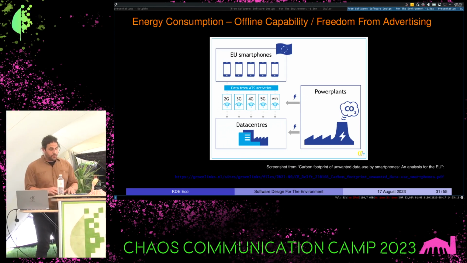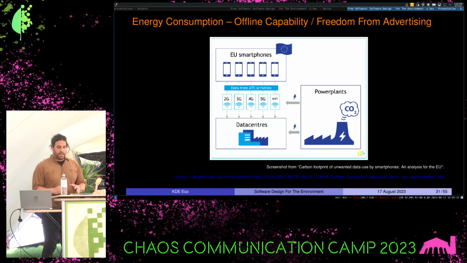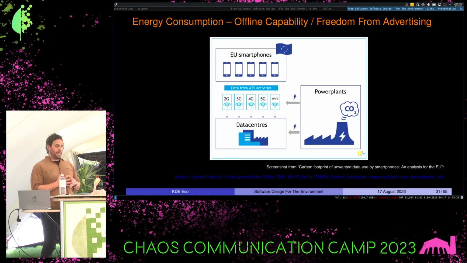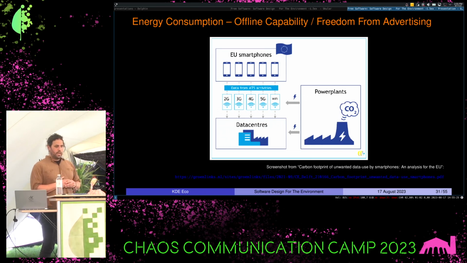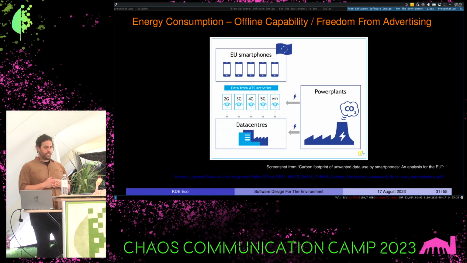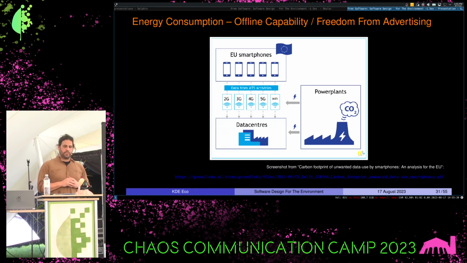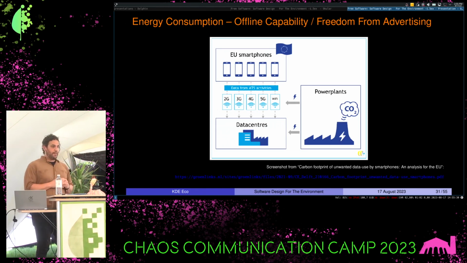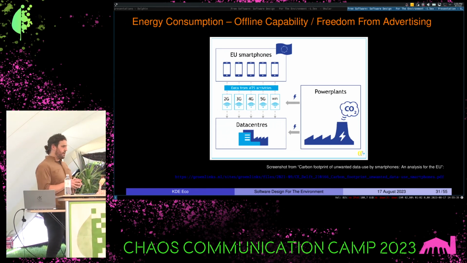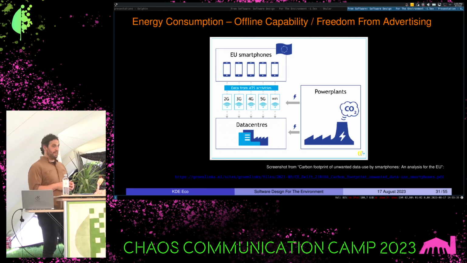And this unwanted data use is at best attributable to about 3 million metric tons of CO2, according to this report, at worst 8 million metric tons. And this would be, according to this report, equal to the carbon footprint of about 370 to 950,000 EU citizens. Okay, this is for something people don't want.